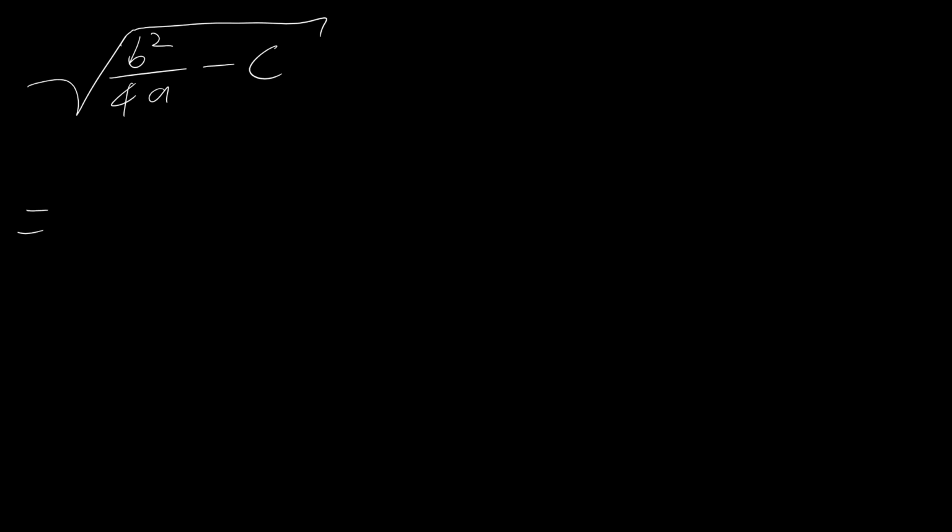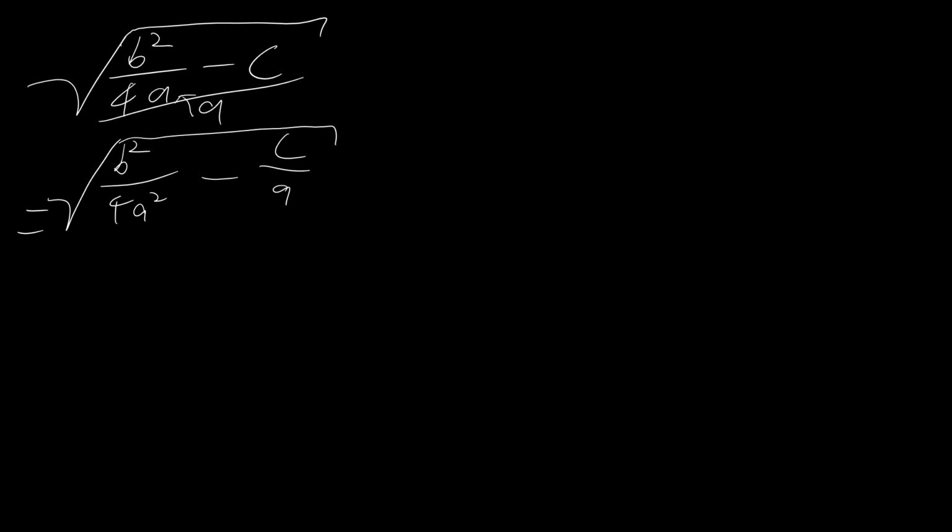But this can be simplified, I'll divide by a, to b squared over 4a squared, because we're putting the a up there, minus c over a, or we can times the top and the bottom both by 4a if we want.